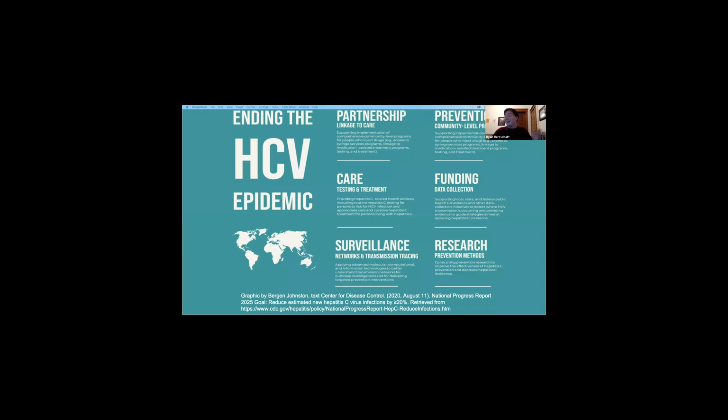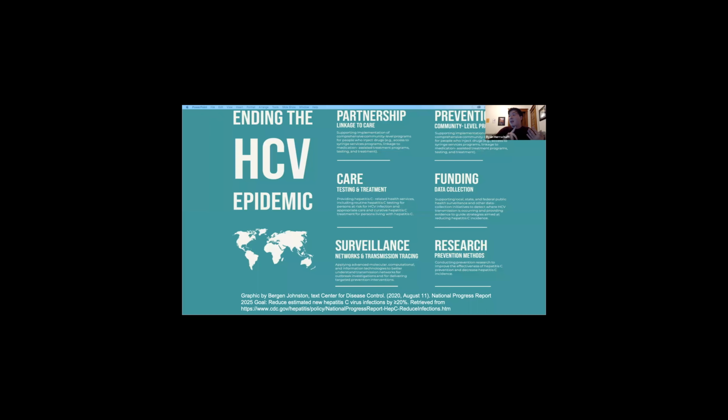This is another graphic that was put together with the help of Bergen. The text from this comes from the Centers for Disease Control, and they outlined a bunch of ways that we can achieve HCV elimination, or at least reach our targets for HCV reduction. They talked about the need to improve linkage to care. When somebody presents with a need, there needs to be a provider that is accessible. Community-level programming: we need people in the community who can advocate, link people to treatment, and talk about these issues.